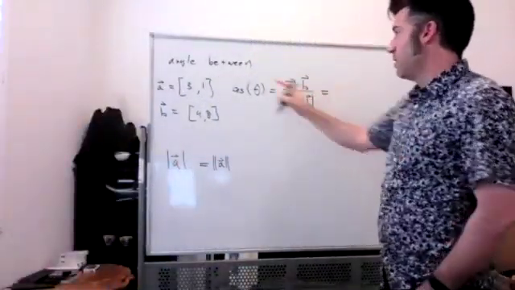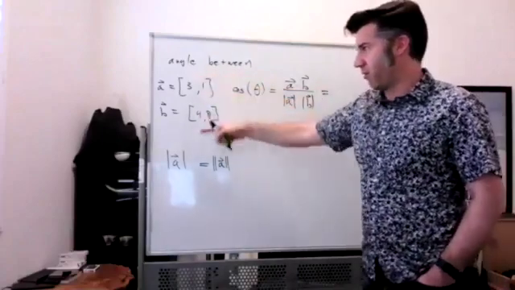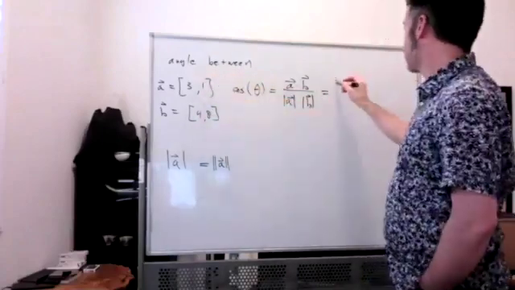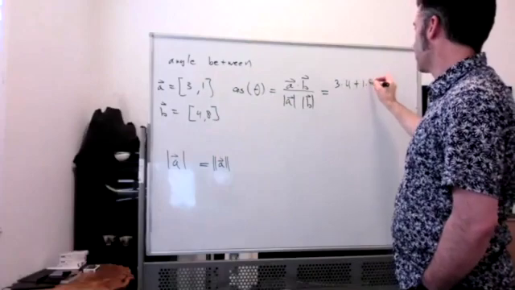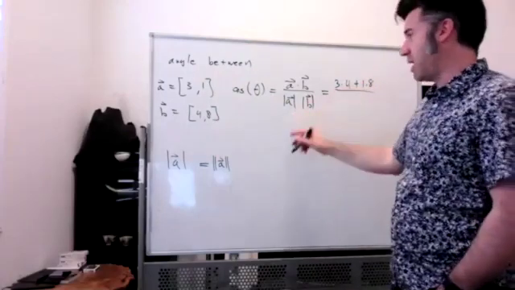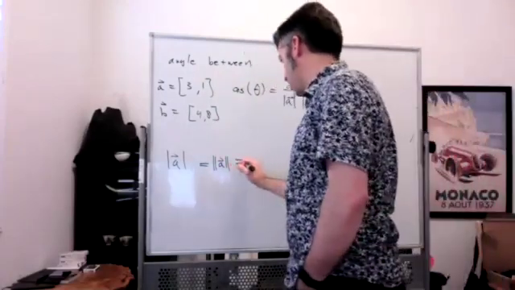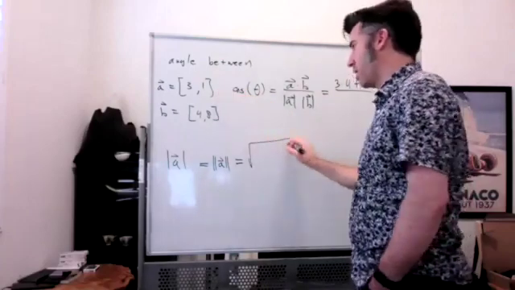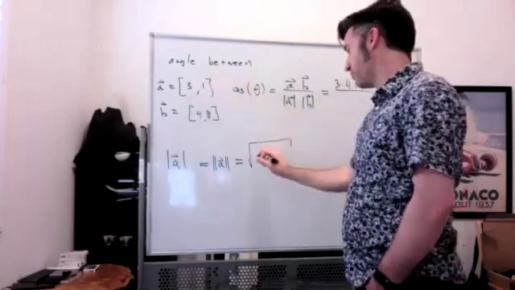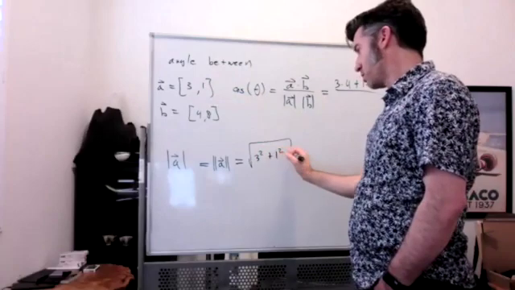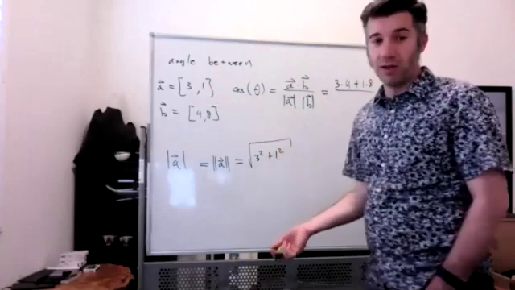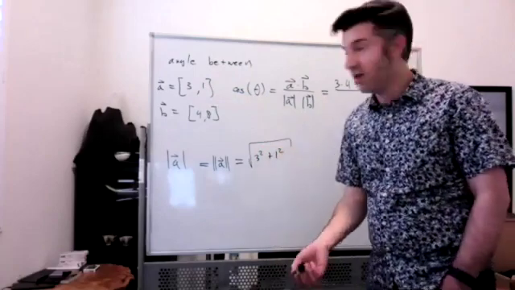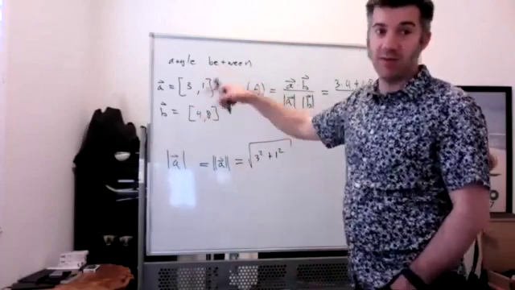So let's see. A dot B is 3 times 4 plus 1 times 8. The magnitude of A happens to be the square root of 3 squared plus 1 squared, or you could say it's the square root of A dot A. Right? A dot A is 3 times 3 plus 1 times 1.